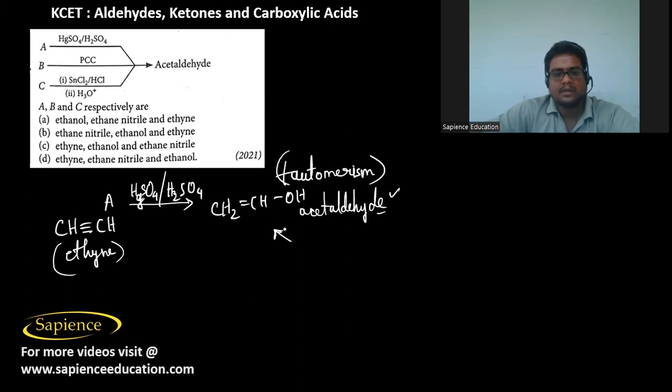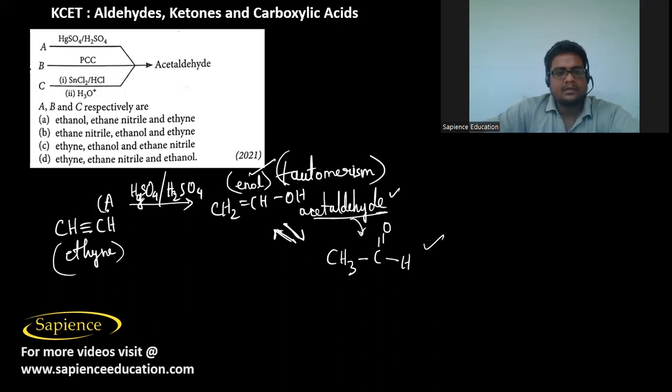It means that its tautomer is, so it is the enol, and it can convert into the carbonyl form, which is CH3CHO. It means that the enol will be converted into the aldehyde CH3CHO. So it can give acetaldehyde.